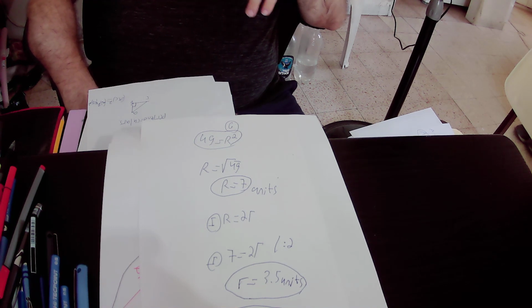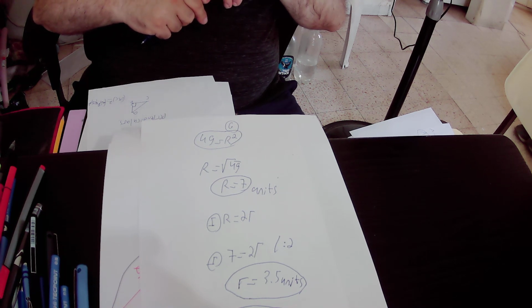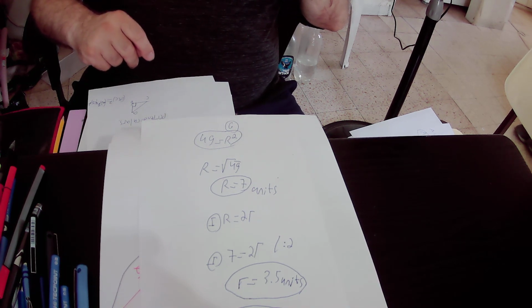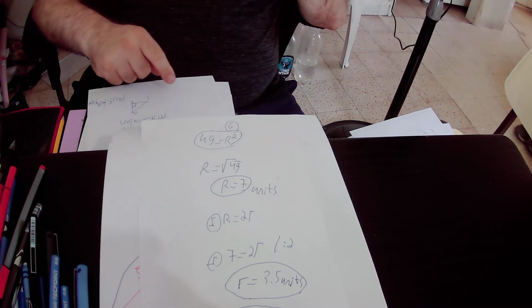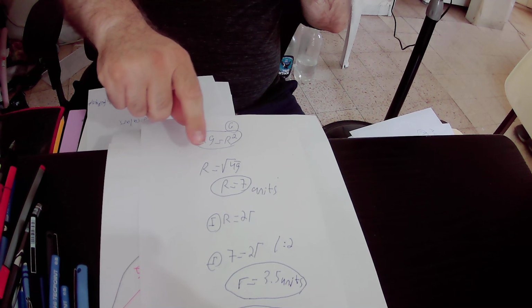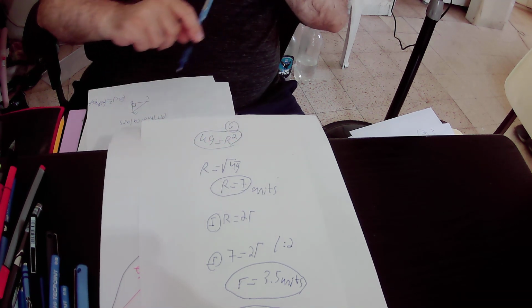Capital R, the radius of the semicircle, equals 7 units. But we know, according to equation number 1, that capital R equals 2 times small r. So we can substitute capital R by 7, and we get 7 equals 2 times r, and then we divide the equation by 2, and we get that small r equals 3.5 units.